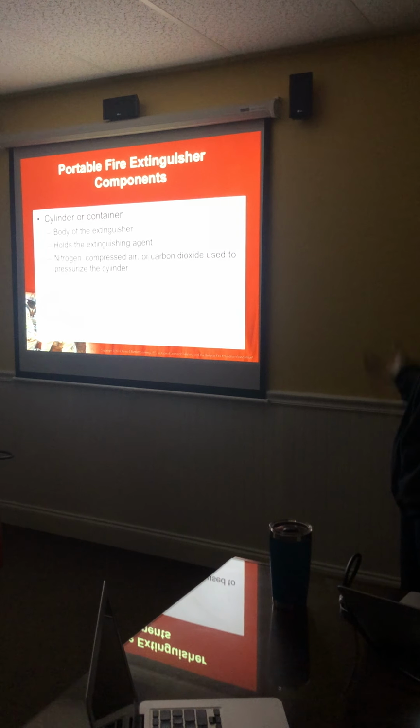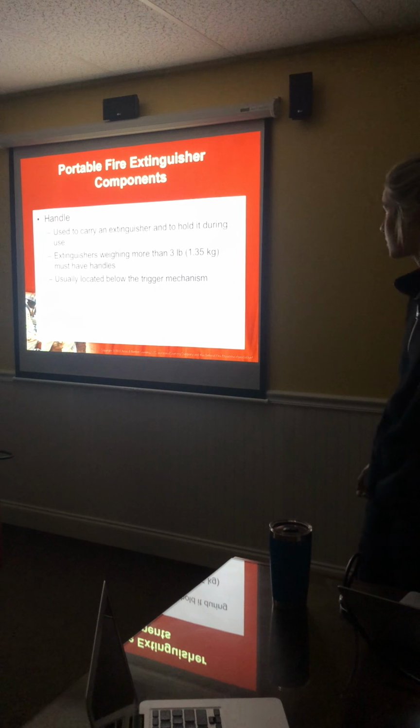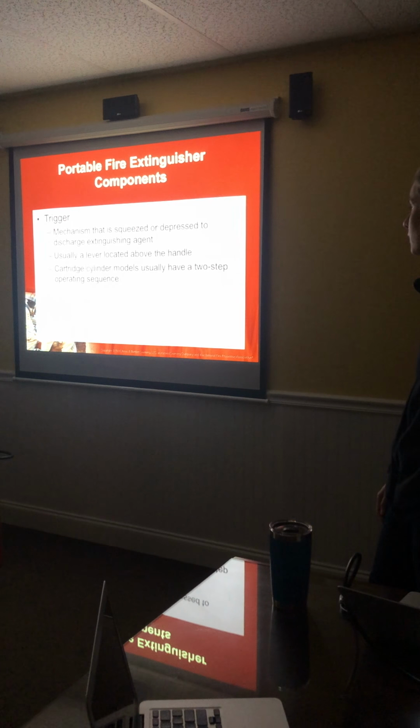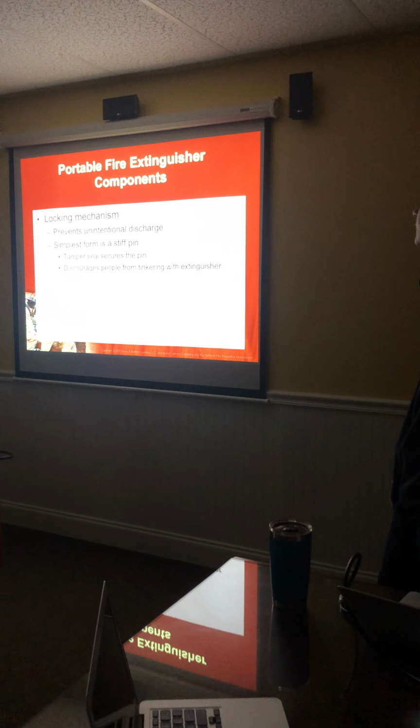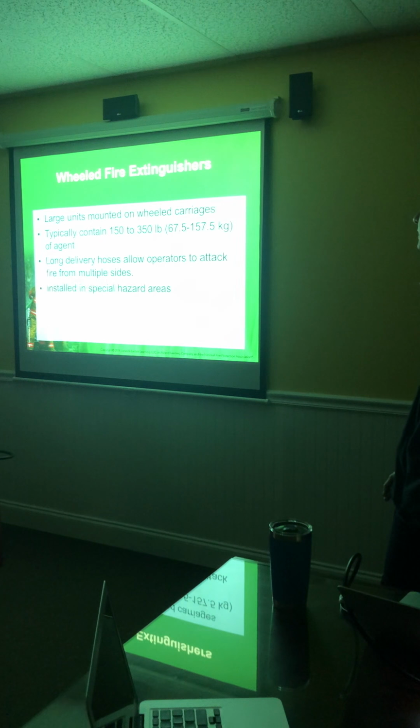Going into more detail: the cylinder contains the extinguishing agent; the handle is used to carry the extinguisher; the nozzle is where the agent is expelled from; the trigger you squeeze to depress and release the extinguishing agent; the locking mechanism just prevents unintentional discharge. The pressure indicator shows whether a stored pressure extinguisher has sufficient pressure to operate.